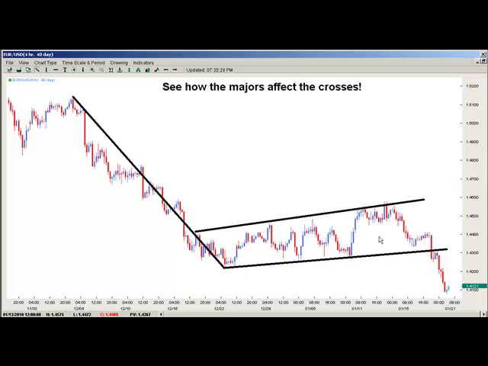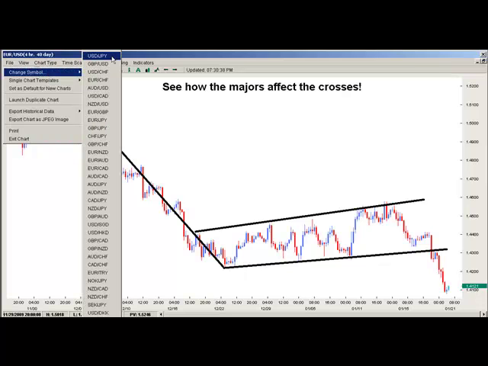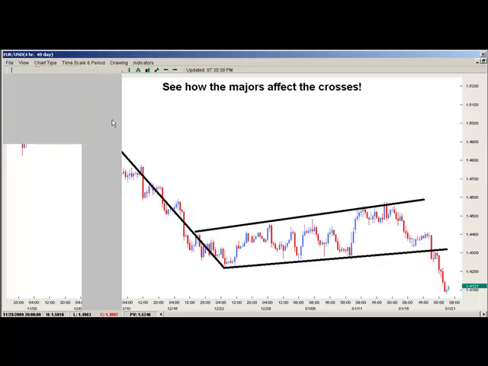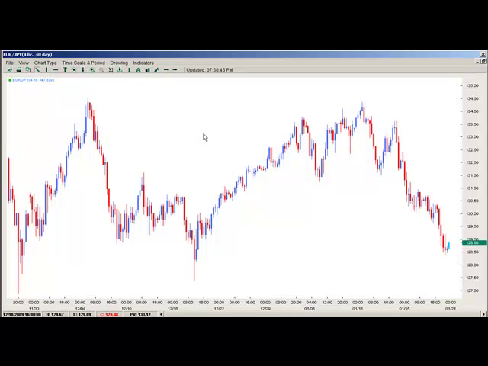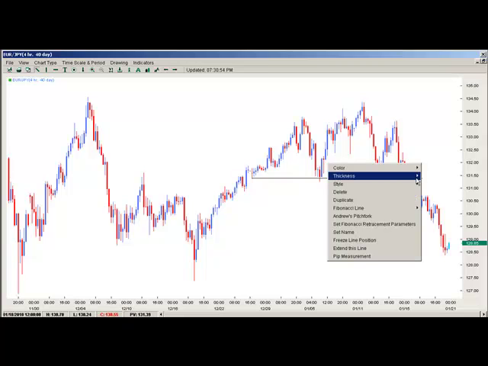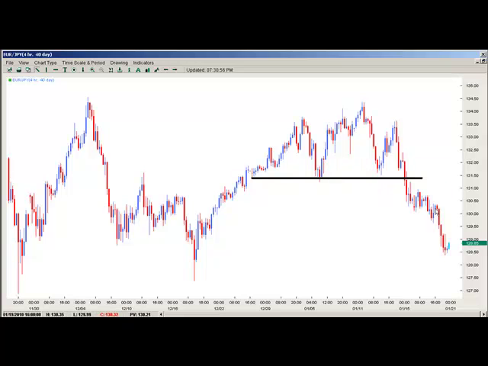So seeing that this bear flag was forming, seeing that it even broke recently, we can look and see how this affects the crosses. So this is euro dollar, a major, and let's go to a cross. One of the most widely watched crosses is euro yen, and notice what we have here. We've got a breakdown about the same time of euro yen out of a pattern.